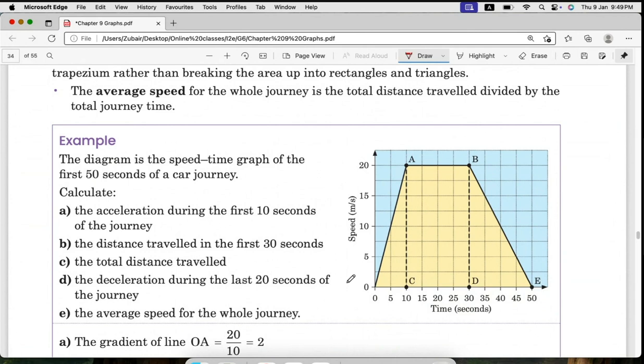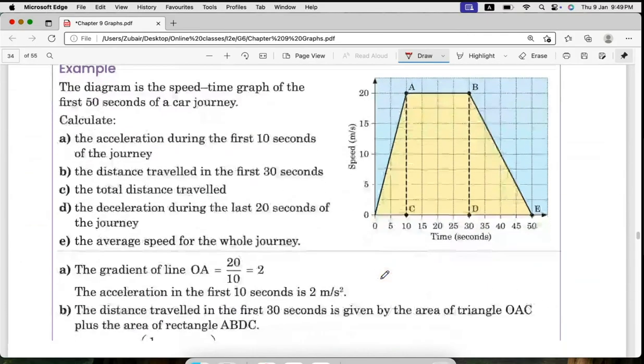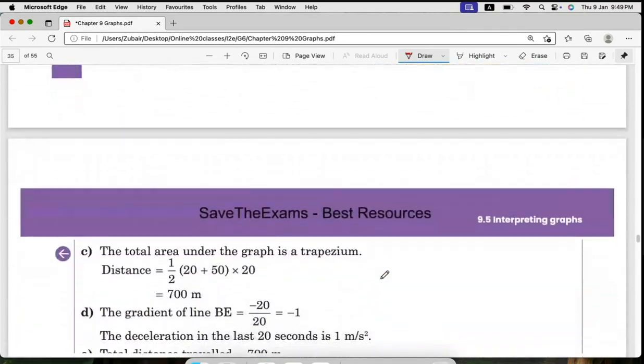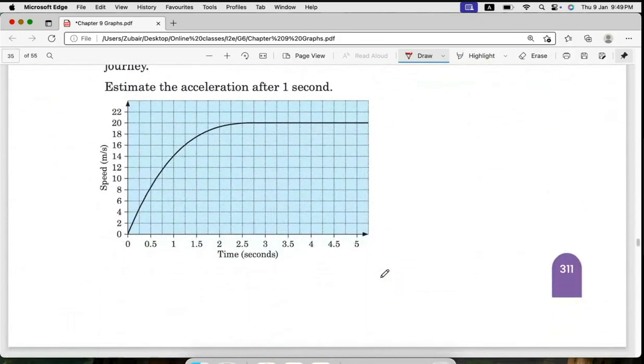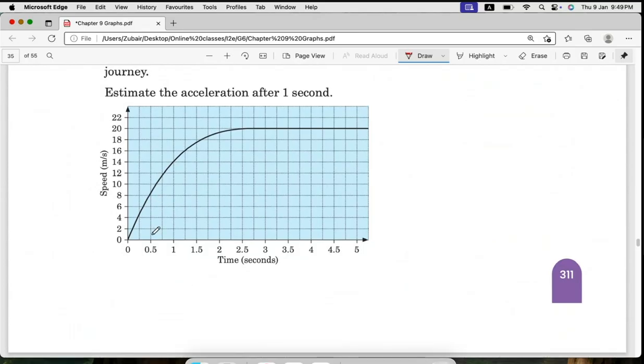I think you would have seen that in physics as well. Yes, sir. And this is the only difference in distance time and speed time graph, and every other concept stays the same, the sketching, calculations. If I would just talk about this graph, I will say that the gradient is decreasing.